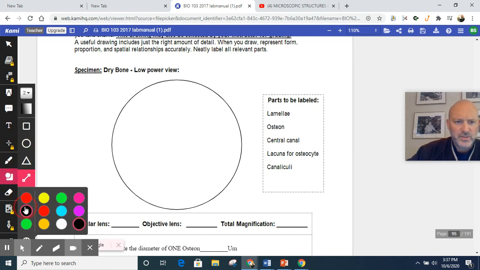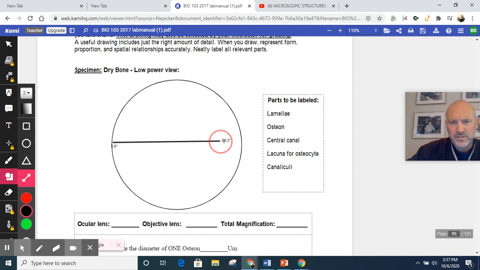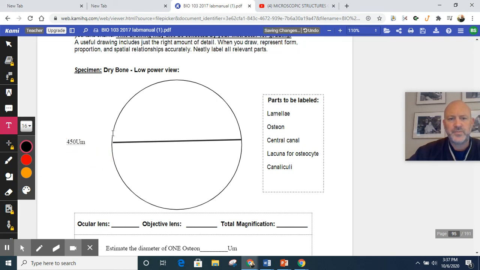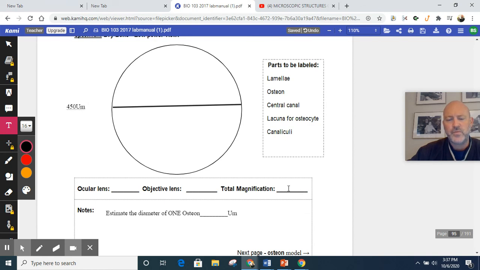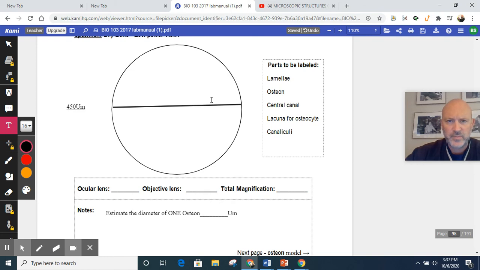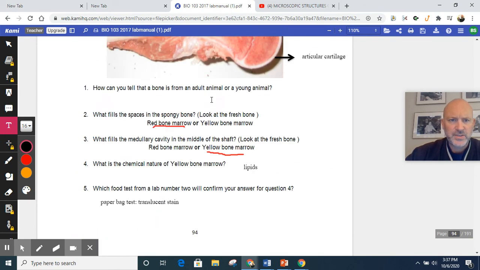That means that the distance across is 450 micrometers. Right? So using that field diameter on 400x magnification, after you draw the osteon to scale, you're going to estimate the diameter of that osteon using this. Okay, so you should know how to do that. We've done that before. Any questions?